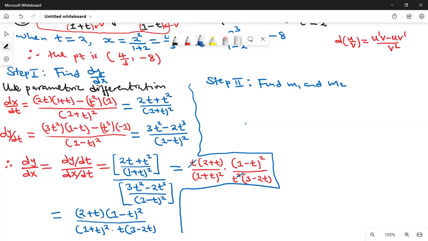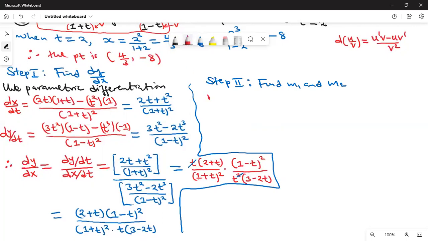It is the point where t is equal to 2, or the point (4/3, negative 8). But look at our dy/dx. It is a function of t. So I'm going to substitute the value of t, which is 2, to know our dy/dx at that point.